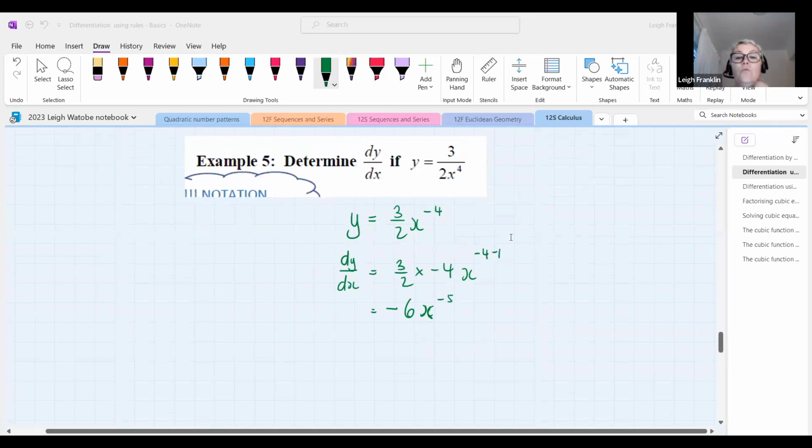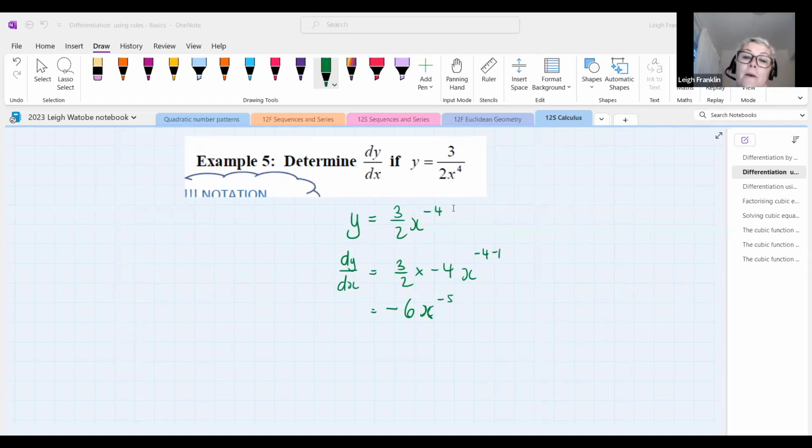So first of all, you had to separate the 3 over 2 from the variable, put the variable in the numerator because it was x to the power of 4 at the bottom. It becomes x to the power of -4 at the top. You are still writing y, because you have not differentiated. You've just manipulated your expression to get sign, number, variable with your exponent.